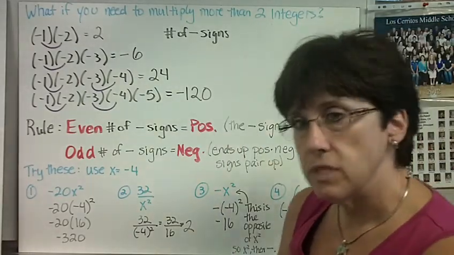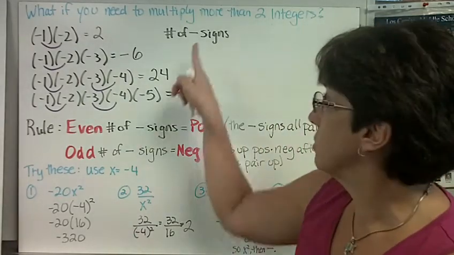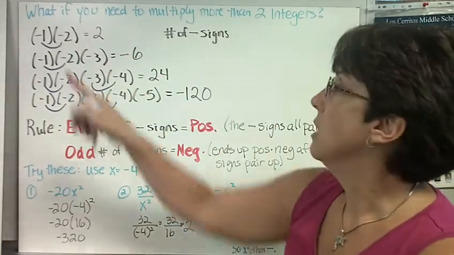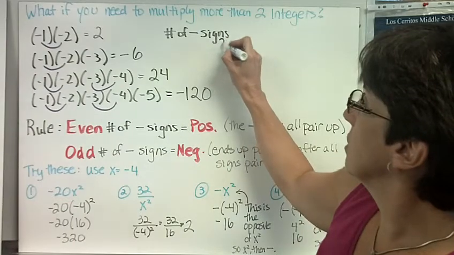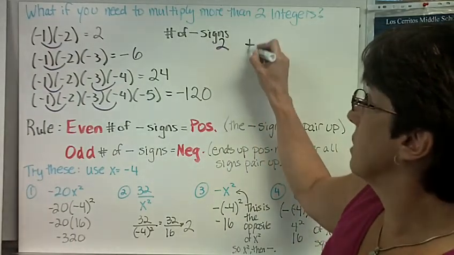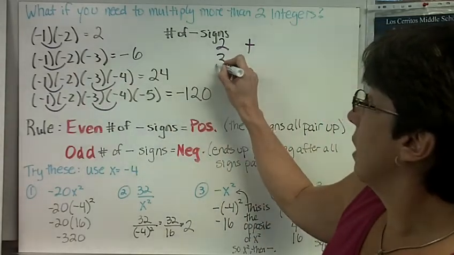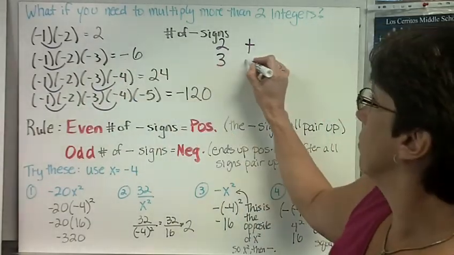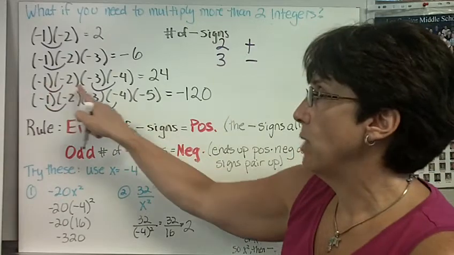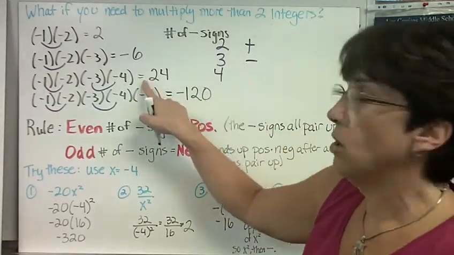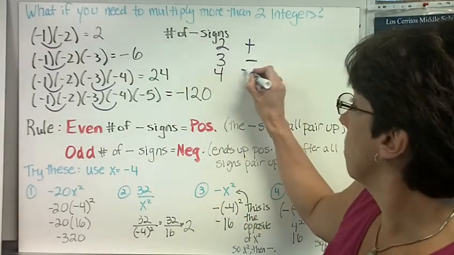Let's write down the number of negative signs in our problem and see if it was positive or negative. Here we had 2 negative signs and our answer was positive. Here we have 3 negative signs and our answer was negative. In this example we had 4 negative signs and our answer was positive.